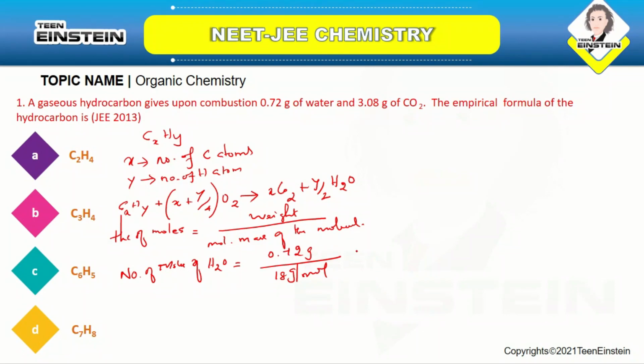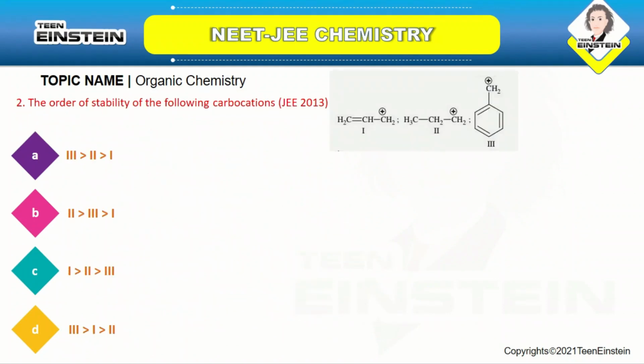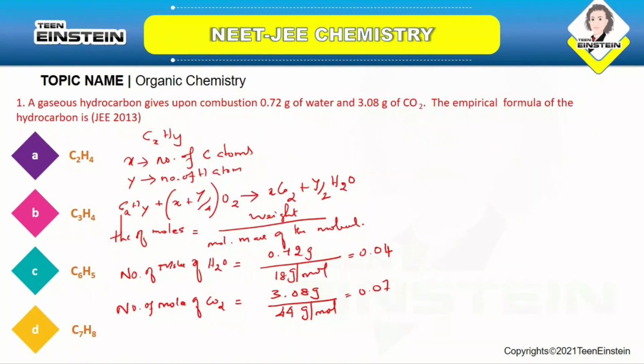So the number of moles of water is 0.04. Next, the number of moles of carbon dioxide is equal to 3.08 gram divided by the molecular mass of carbon dioxide, 44 gram per mole. So 0.07 is the number of moles of carbon dioxide.